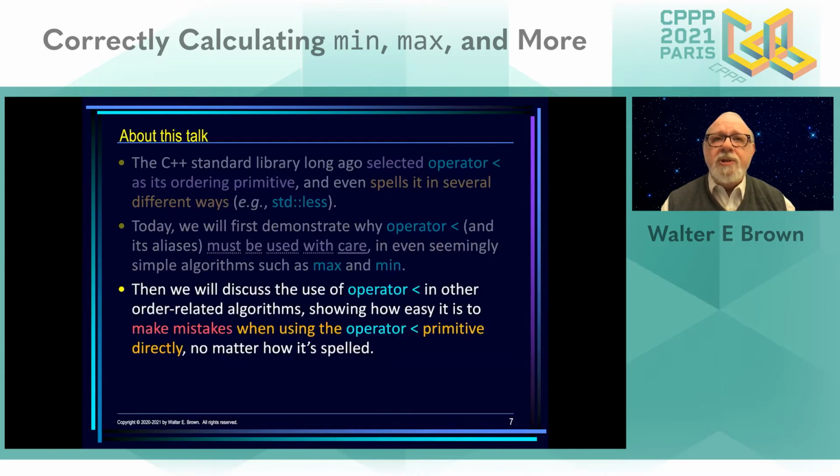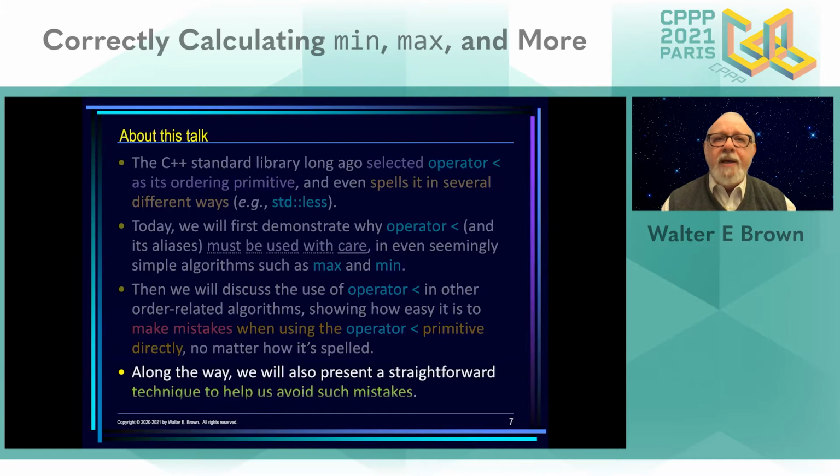We'll discuss the use of OperatorLess in other order-related algorithms and show how easy it is to make mistakes when using that primitive directly, no matter its spelling. And along the way, I'll also present a straightforward technique to help us avoid such mistakes.